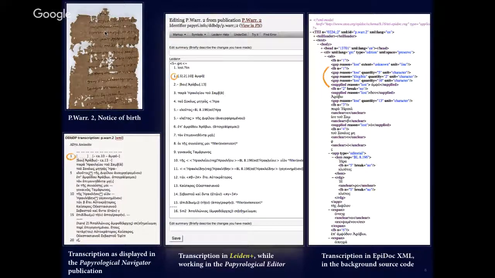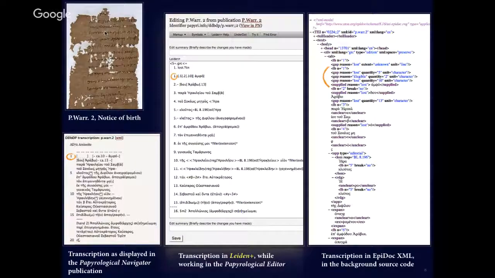Leiden Plus, as its name suggests, is a digital enhancement of the Leiden conventional system of critical marks to transcribe ancient texts. Many critical marks are the same as their Leiden equivalents. Others need little adjustments to enable the Leiden Plus markup to be automatically transformed into its equivalent XML tags correctly.